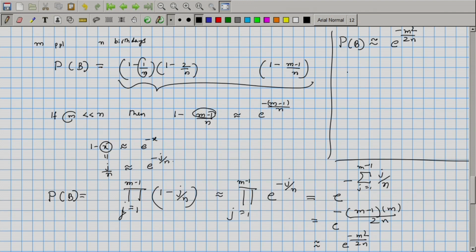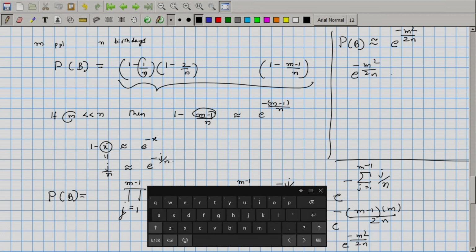So, if we equate this to half, we want e raised to minus m square by 2n to be equal to half. That means minus m square by 2n is equal to log half, or m square by 2n is equal to log 2. So, m is equal to the square root of 2n log 2.